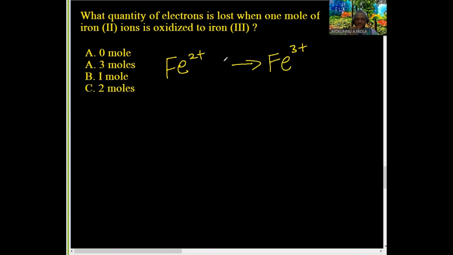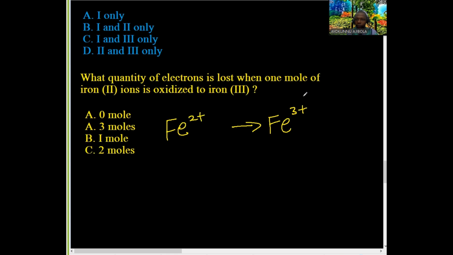That means the 2 plus represents giving out, that is negative. It's going to lose one electron. You understand me?